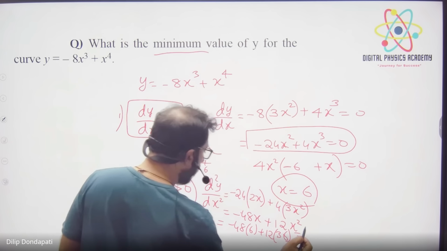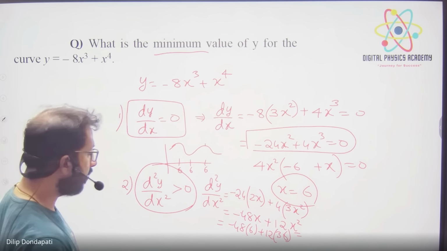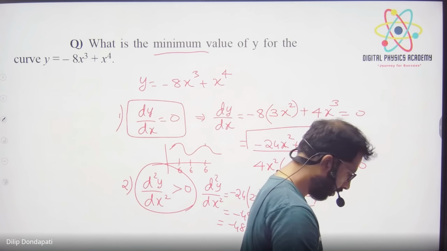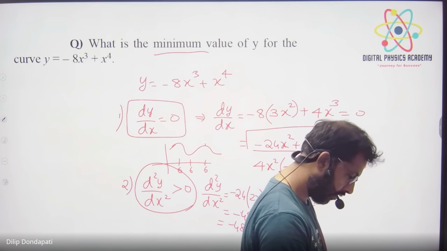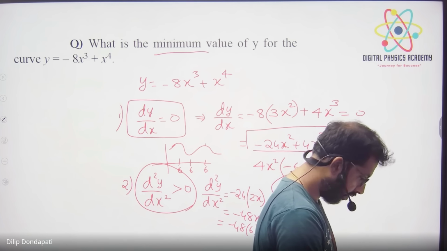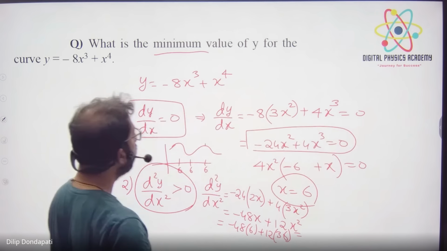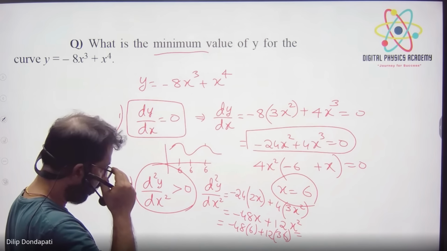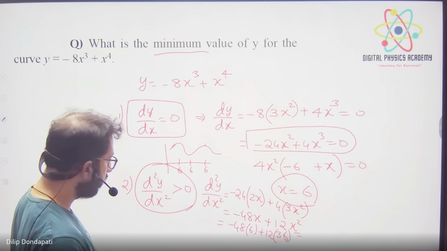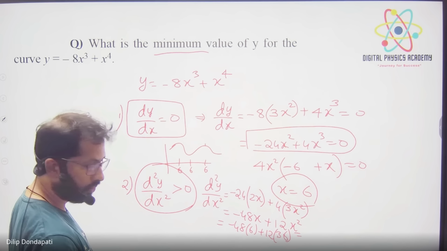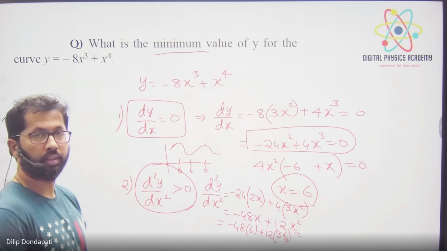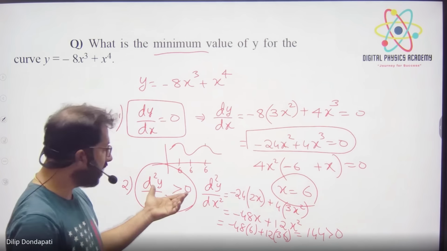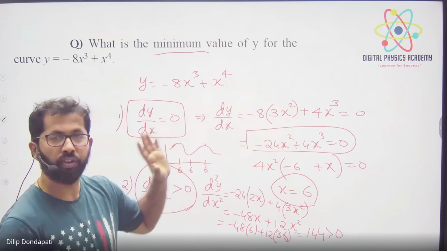Now calculate how much you'll get: 144. You are getting greater than 0, right? Whenever it is greater than 0, that means this is a minimum point.